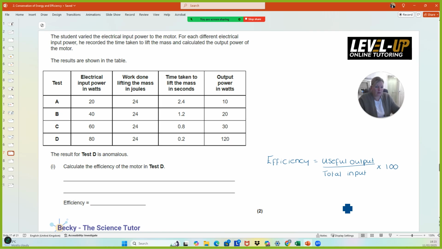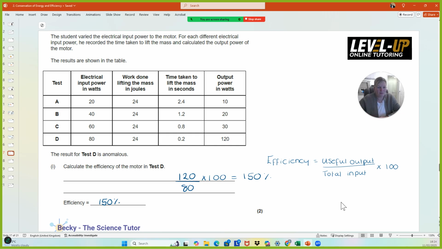We've got 120 over the electrical power input, which is 80, and then multiplied by 100 gets you 150%. Some of you now are going, well, that can't be right, we can't have 150%. Yeah, there's more useful than what we put in.